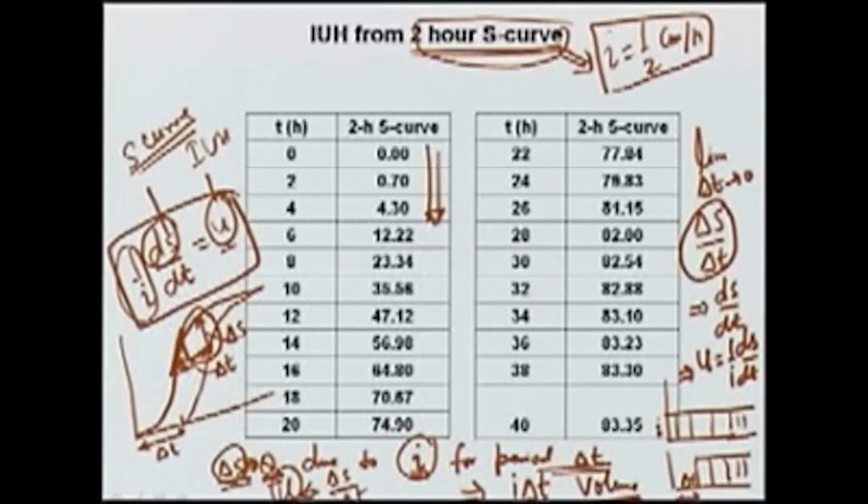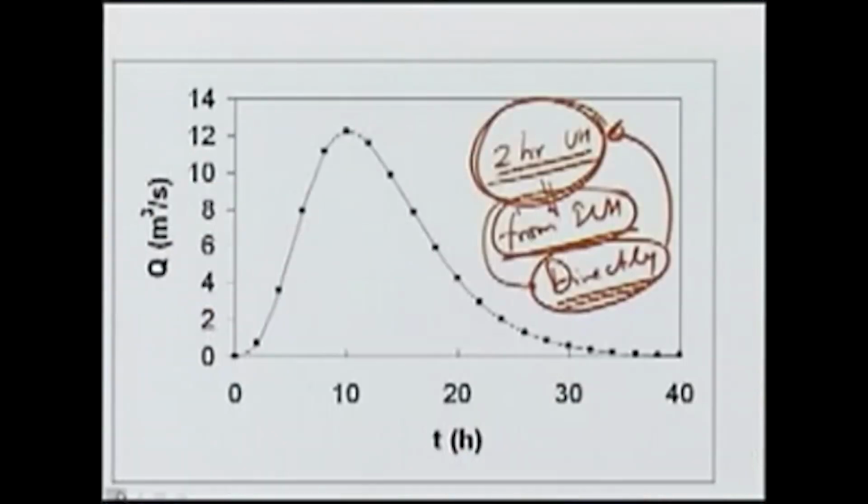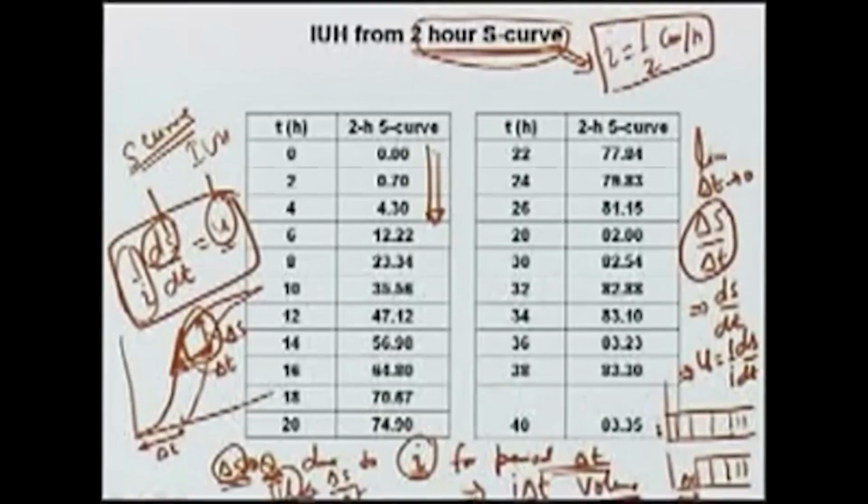So, the procedure is obtaining the S curve first. S curve of course is very easy to obtain, because once you have the 2-hour UH, we have already seen how to lag them by 2 hours, add them up and then get the 2-hour S curve. So, in this case, by doing that, we have obtained the 2-hour S curve ordinates.